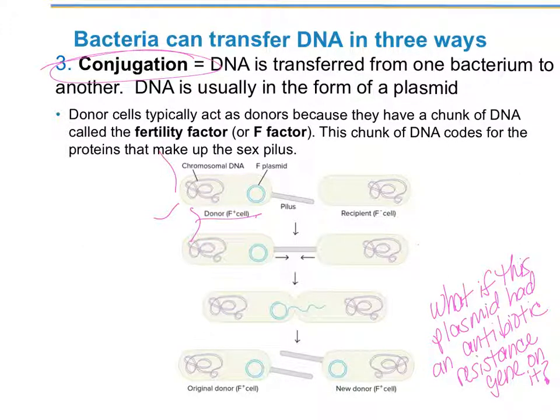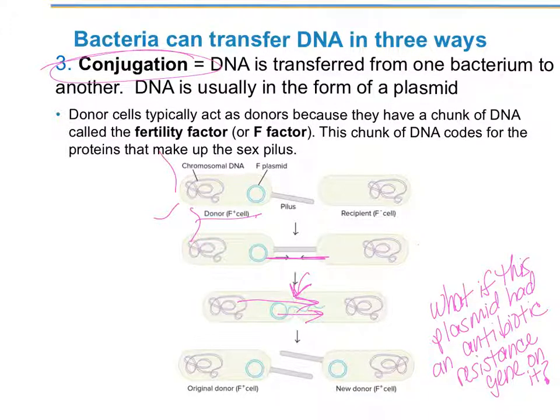And that pilus actually connects two bacteria together and forms what we call a mating bridge, where their cytoplasm actually connects. And that donor bacteria can transfer plasmids or parts of their genetic material to the recipient bacteria.